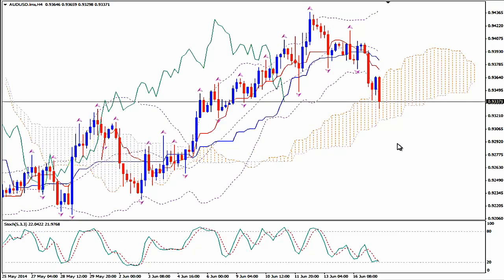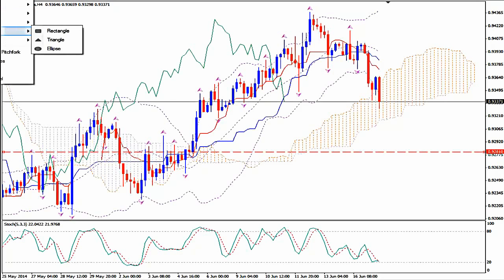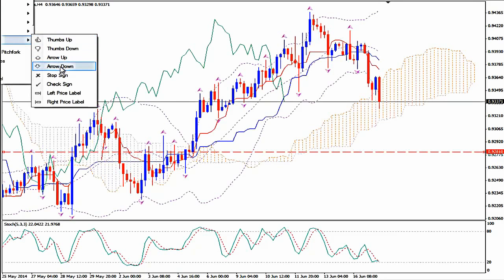When that happens, and I will insert a line here, you want to see the price down here and Chikou-span going below the Kumo in order to consider entering short.